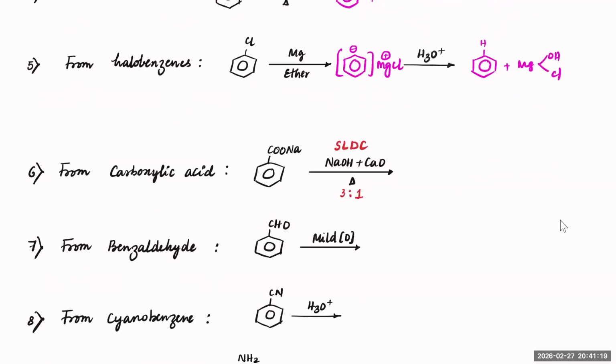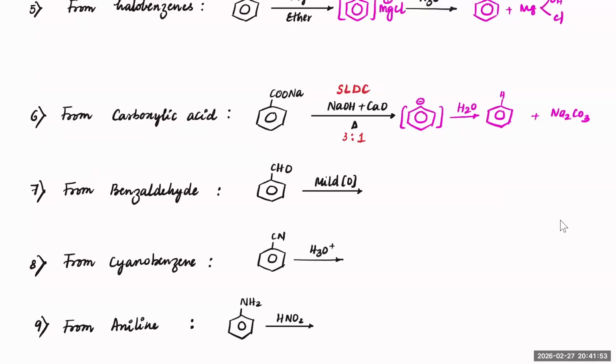Next, from carboxylic acid: if you have COONa, first with NaOH and CaO, remember we learned this in hydrocarbons, soda lime decarboxylation. It is going to form a carbanion, and that treated with water will convert into benzene. The carbon dioxide removed will be part of NaOH as Na2CO3.